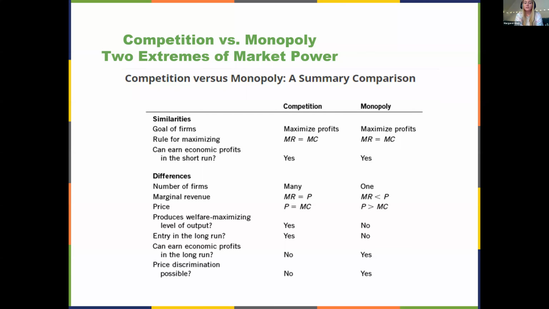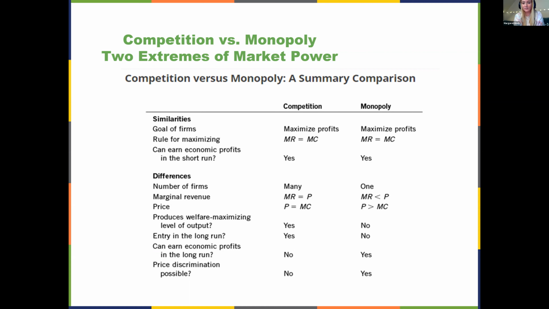But this video is going to focus on this last slide here in the lecture notes, and it ties back to the ideas that we introduced in the very first video of the series. Thinking back to that very first video, remember I drew out that spectrum of competition.